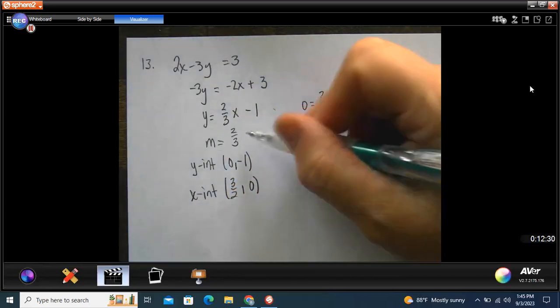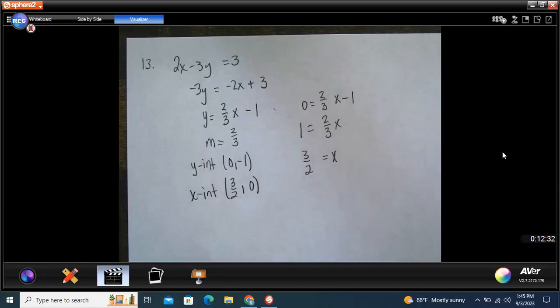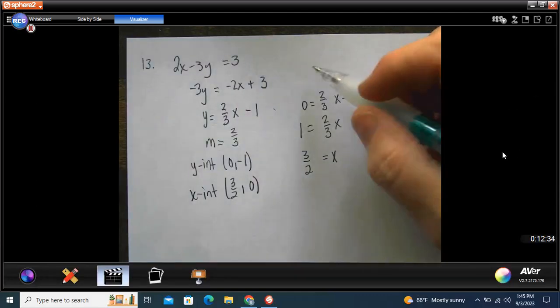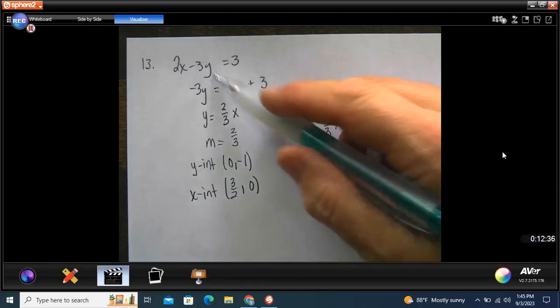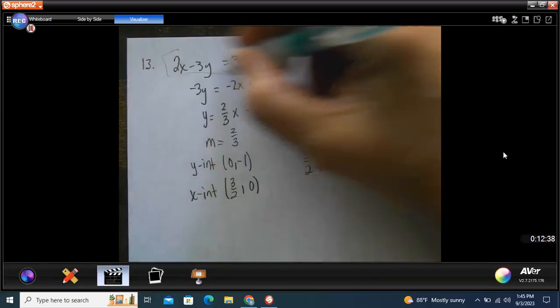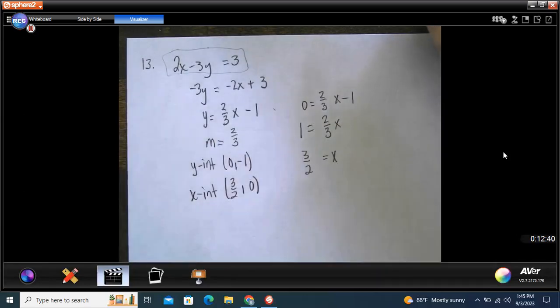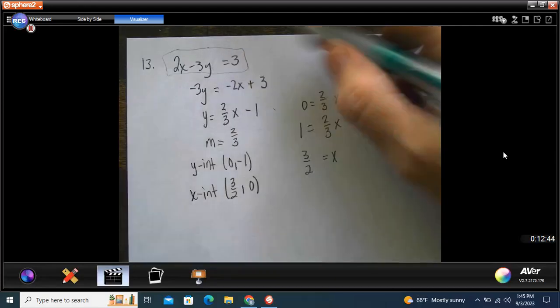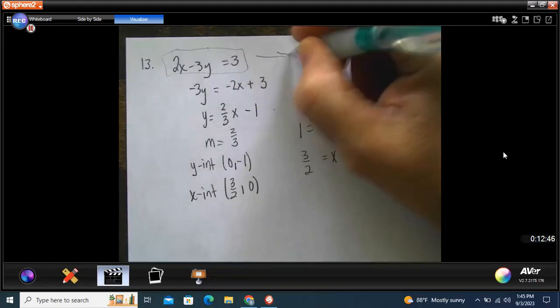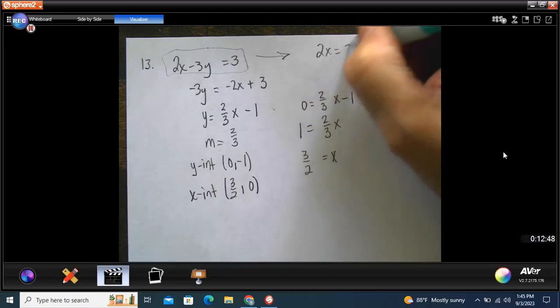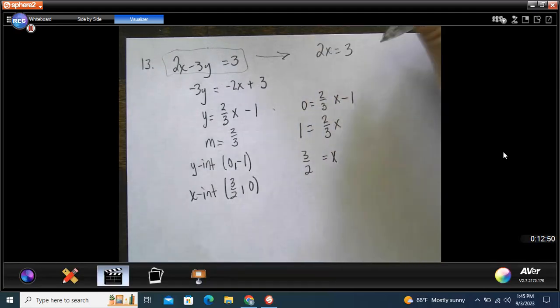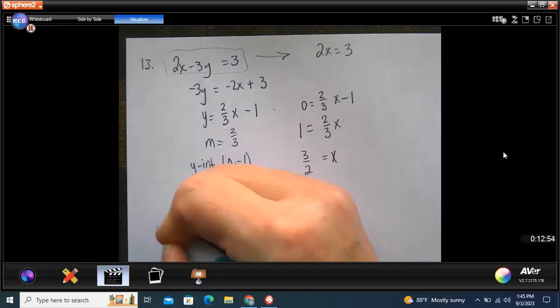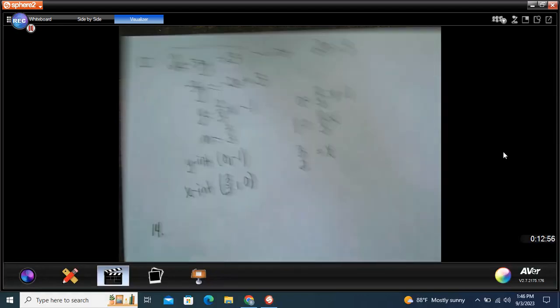So it wanted the slope, it wanted the y-intercept, wanted the x-intercept. I could have also, right here is an easier place for me, I think, to find the x-intercept. If I let y be 0 up here, then I have 2x equals 3. And obviously x is 3/2. Okay? But whatever works for you.